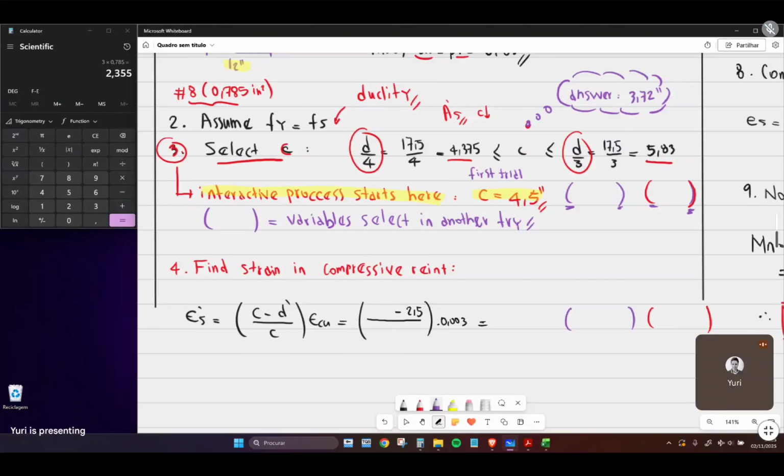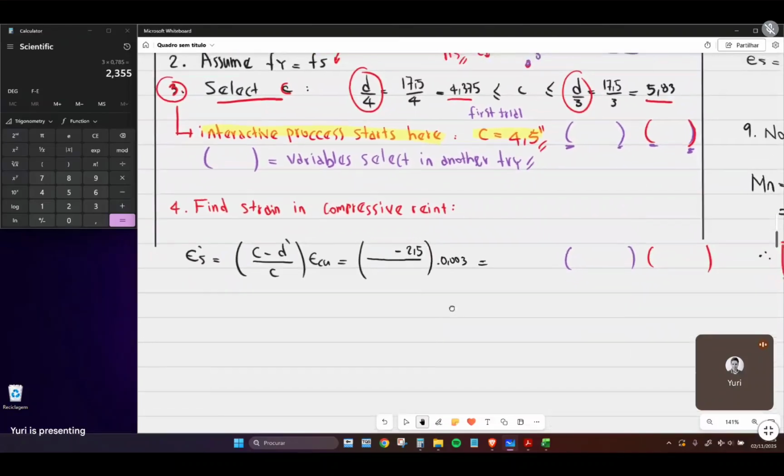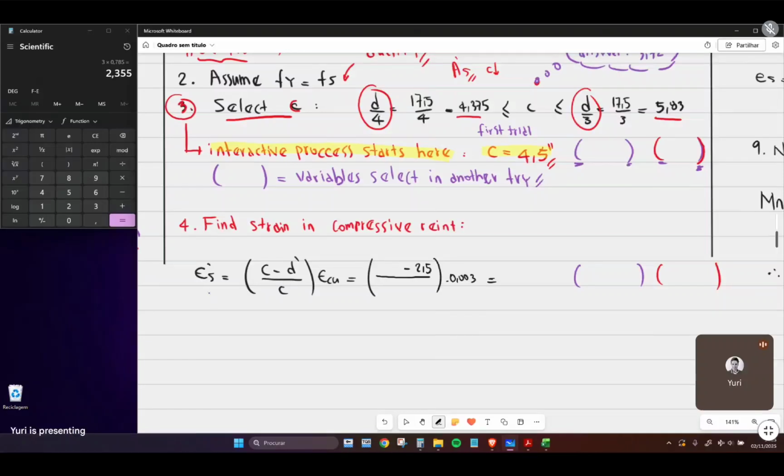The second thing to do after you select c is to find the compressive strain. So this is the equation. It's simple to determine because of this. Here is the compressive strain of steel, and on the top we have the compressive strain of concrete.